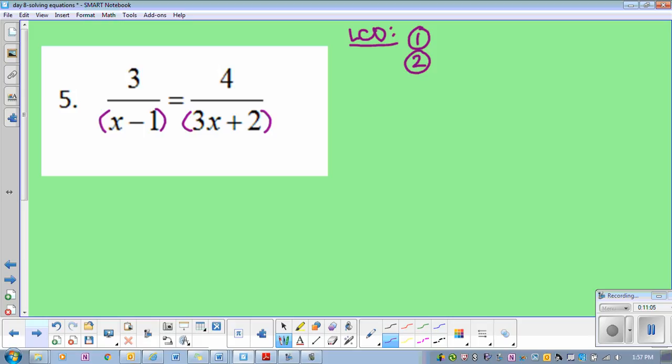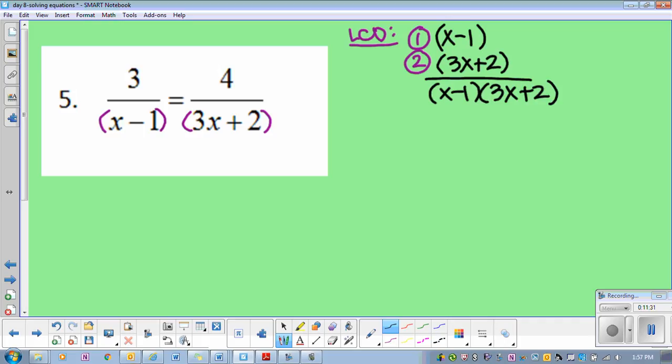What's in the denominator? X minus 1. What's in the denominator of fraction 2? Good. Do you see any factors? Do you see any that are more than 1? Like parentheses, the whole thing? No. So everybody just has to come down. This is x minus 1 times 3x plus 2. That is my LCD, okay?